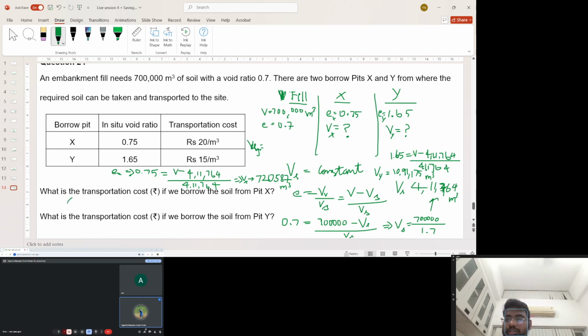So the transportation cost is Vx into 20, which is 720,587 into 20, giving approximately 14,411,740 rupees.